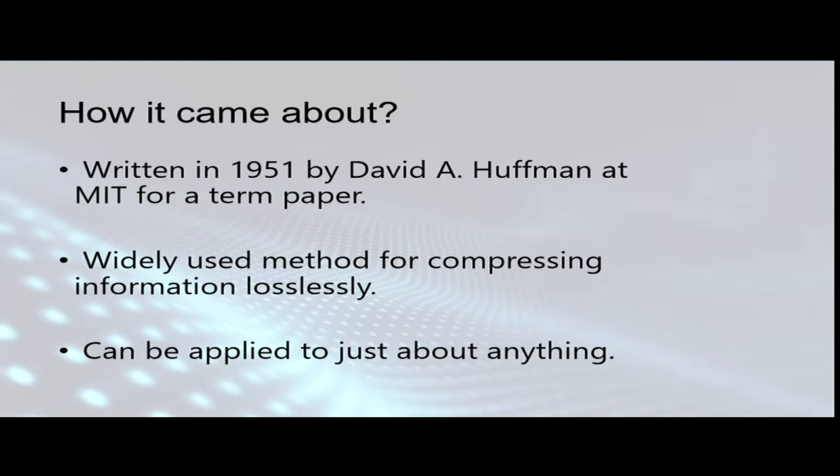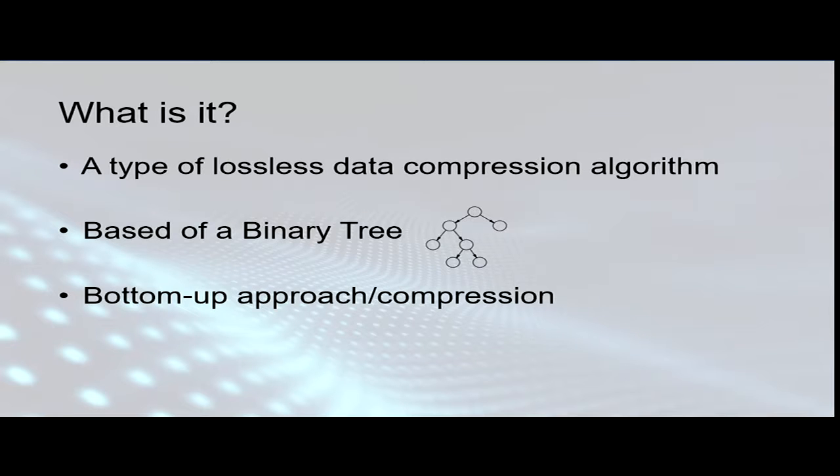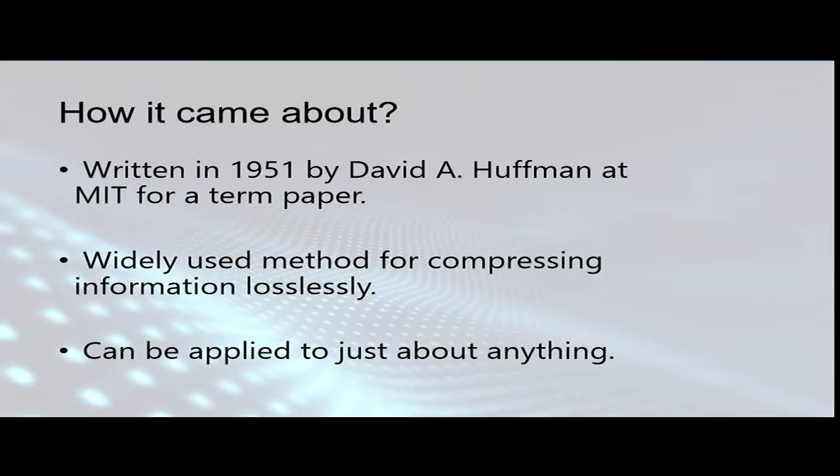How it came about: in 1951, there was a guy called David A. Huffman at MIT who was doing a term paper to prove that the bottom-up approach is the most efficient way to construct a binary tree.